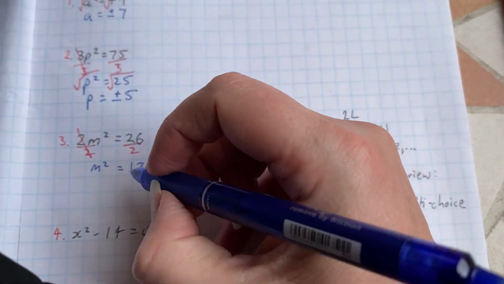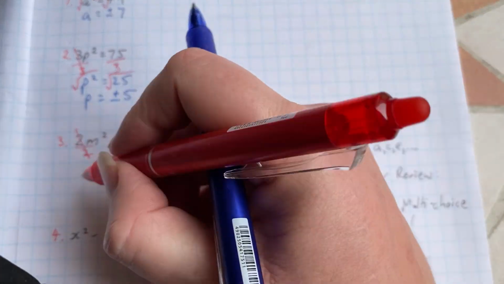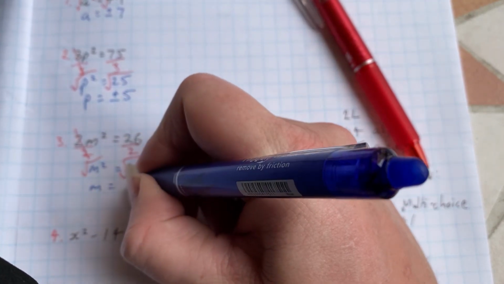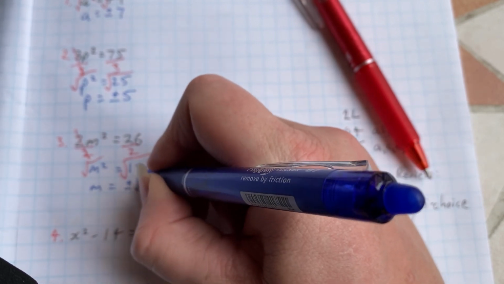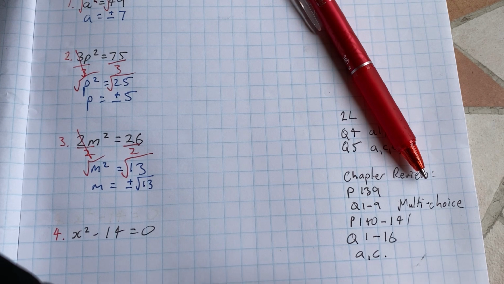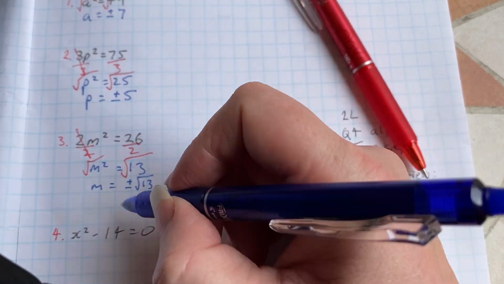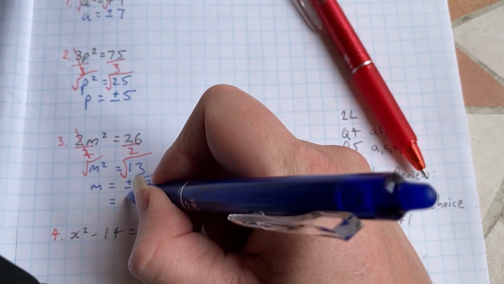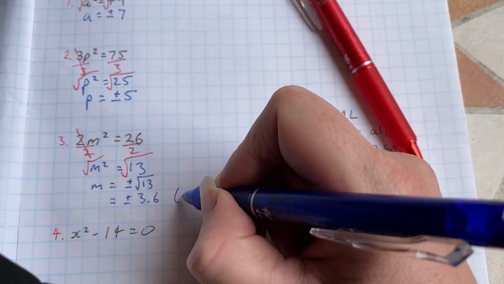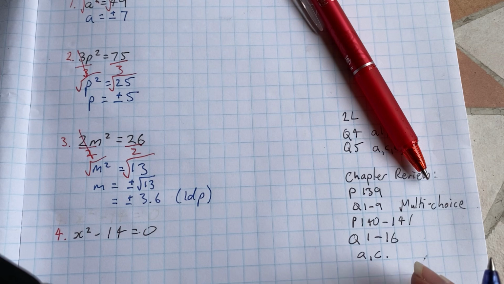So what we can do is leave our answer in surd form. So square root each side, m equals plus or minus the square root of 13, leaving your answer in surd form. You can evaluate it in the calculator as well, but then you have to round it off. Plus or minus root 13, remember I said it was 3.6 to 1 decimal place.